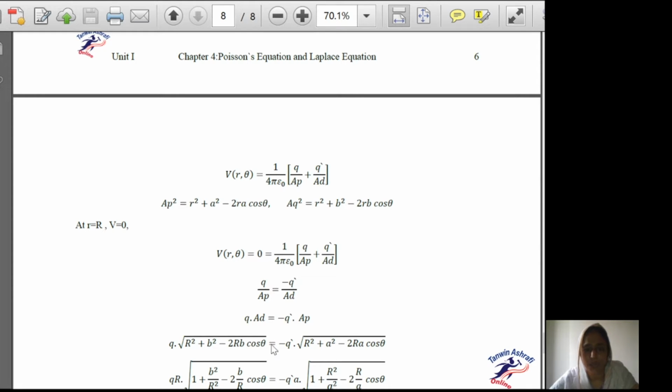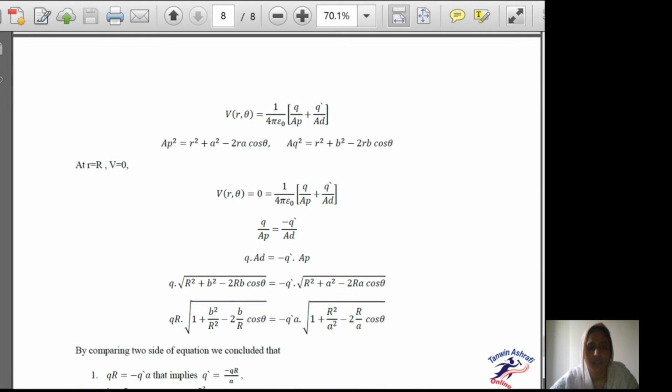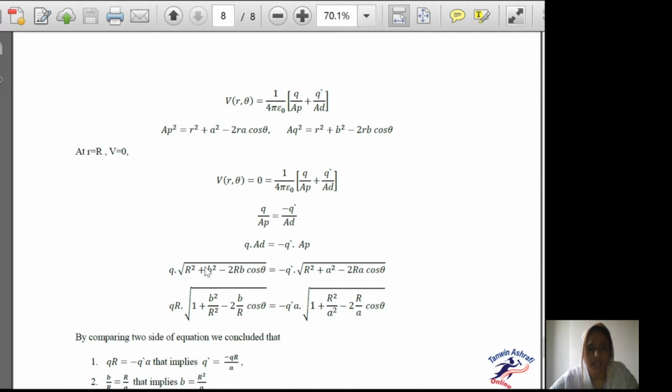Now if we cross multiply it and substitute these values in the equation, we will further simplify. Let capital R be taken out from this term, therefore QRA, and let a small a be taken out from this term.